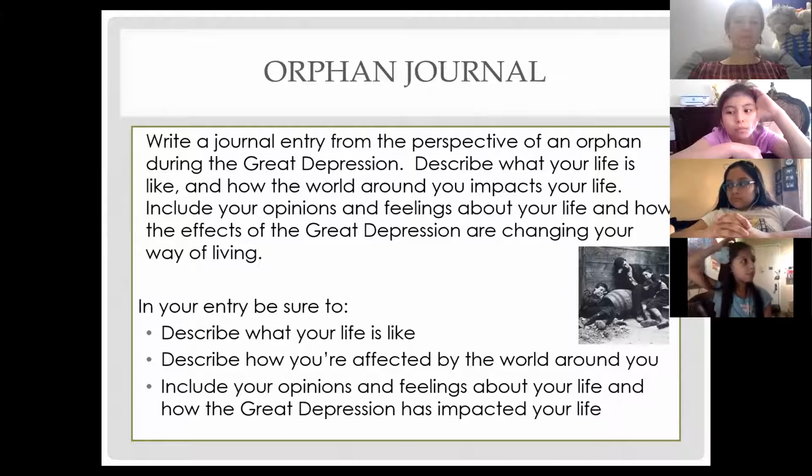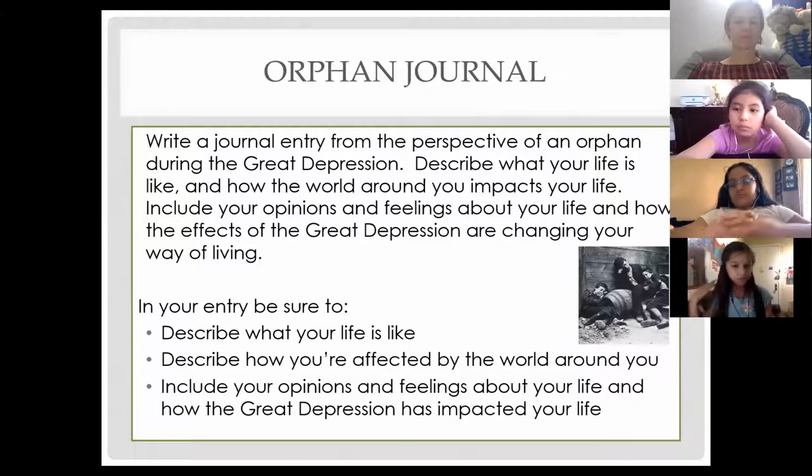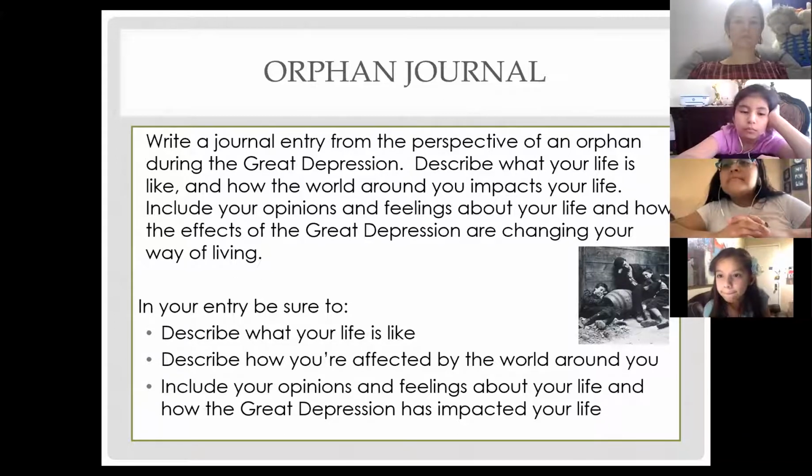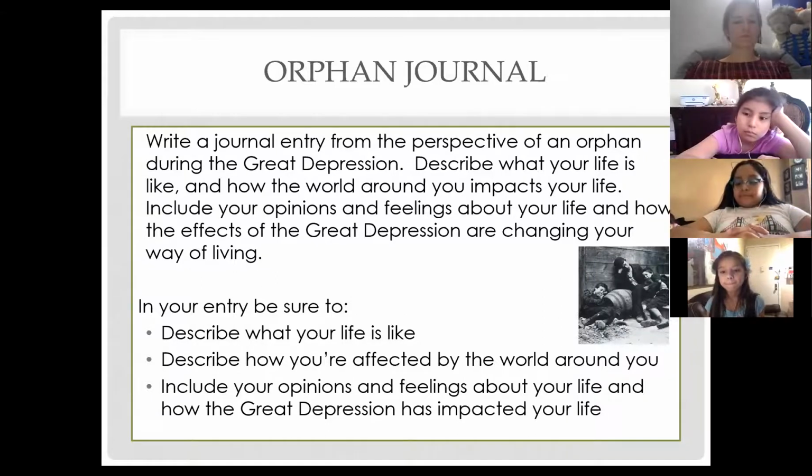So like I said in our previous writing lesson, we brainstormed events from the Great Depression and our feelings as the result of these events. Okay, so today we're going to take our brainstorming, our graphic organizers, and we're going to come up with 3 paragraphs.